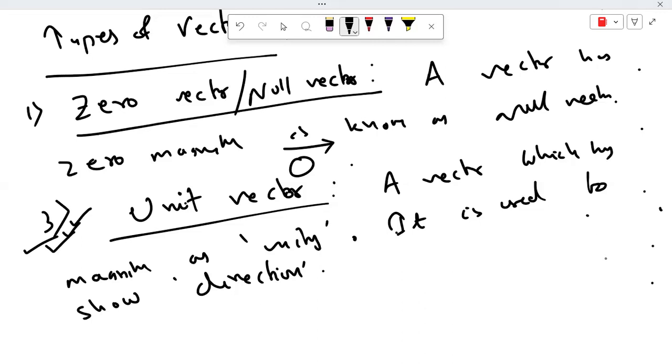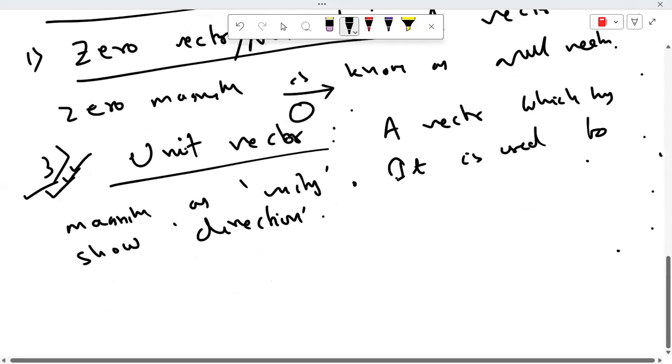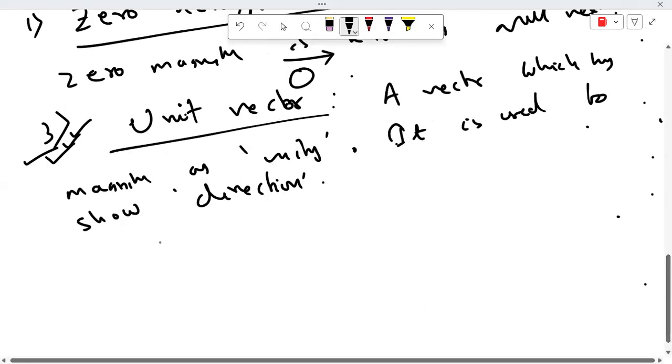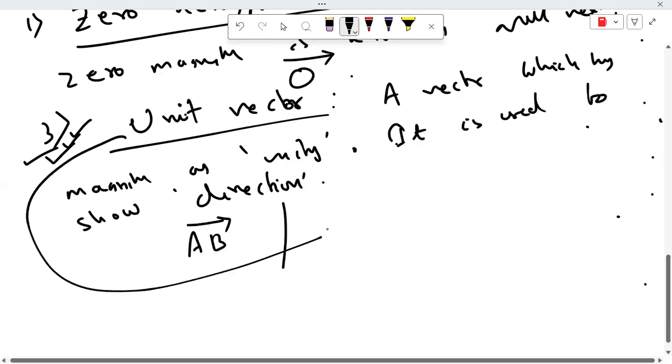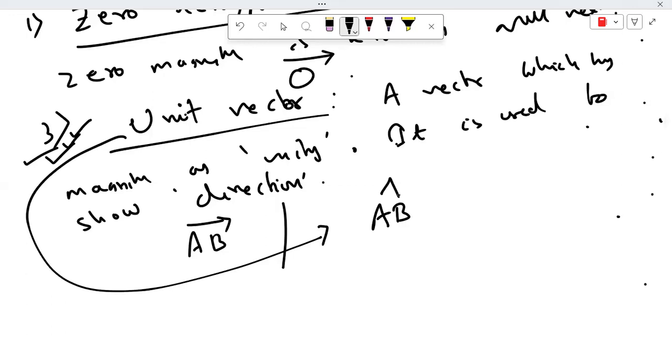And how do we find this? If AB is a vector, then the unit vector is noted as AB cap. Ever seen this cap? Where have you seen this?